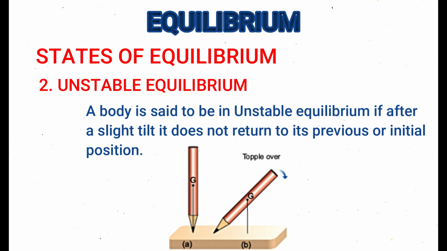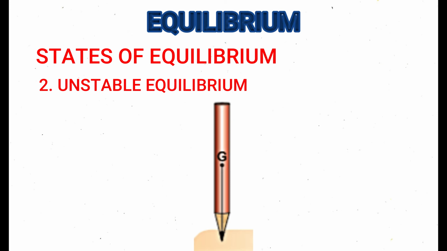It does not return to its original position because the line from its center of gravity G gets out of the base area, and that is the main reason I already taught in the last state of equilibrium. The most important thing is that in unstable equilibrium, the center of gravity of a body always lies at the maximum or highest possible position.